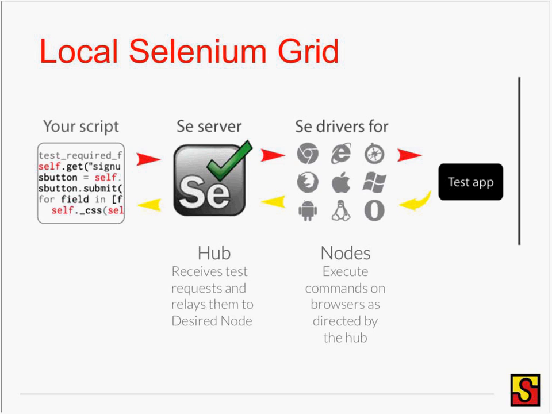You'll have a script which will talk to a local Selenium server, which will then drive that logic of the test on your application within a particular node or a machine set up in your network. And the machine will have the browser and OS combination that you want to run your test on.